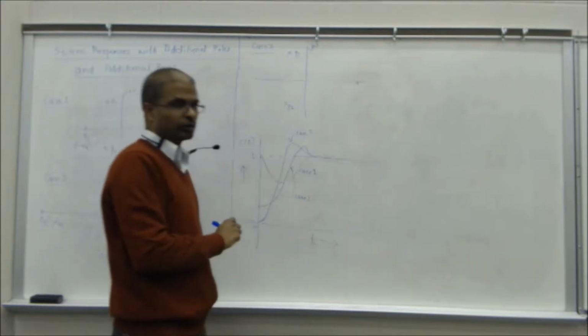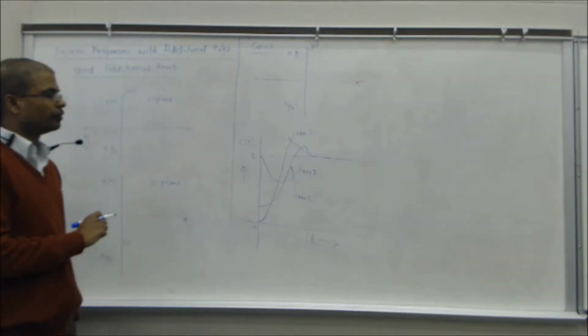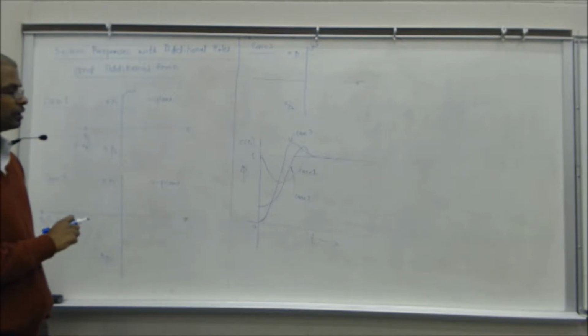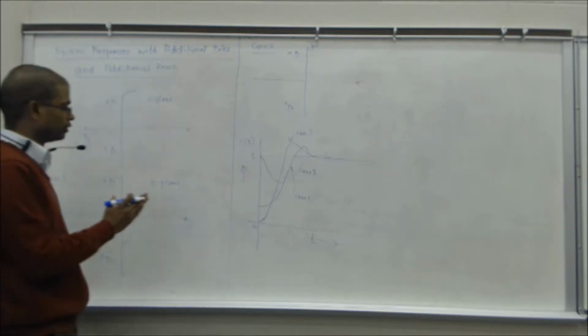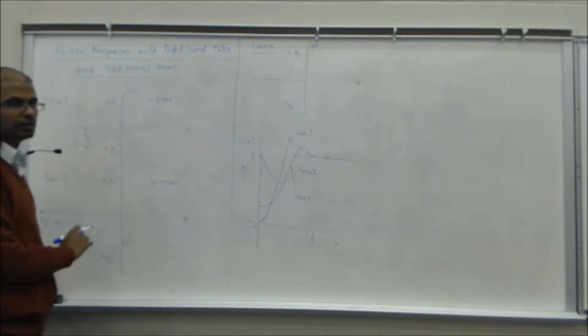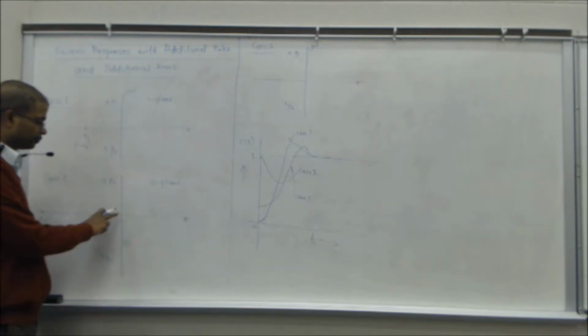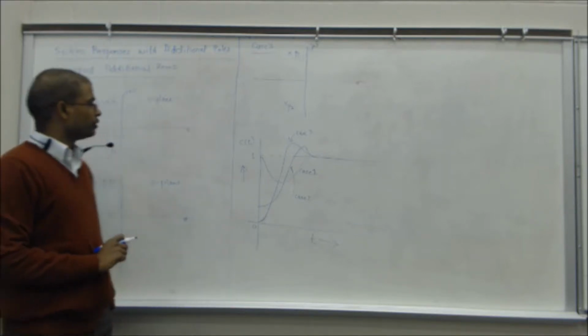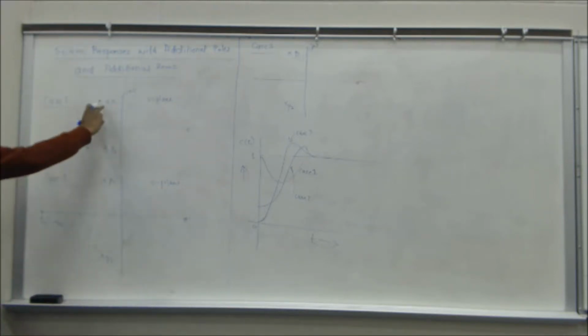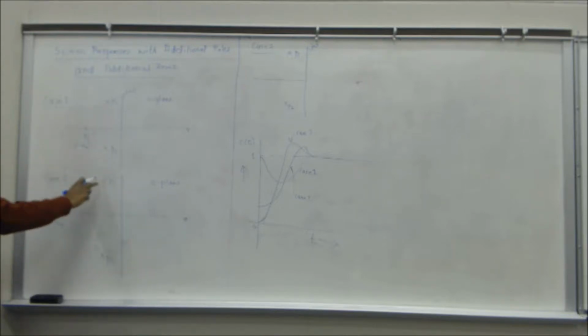Okay. So what you need to understand here is, and you have done this exercise as part of your lab, you took 3 systems and you added a pole and plotted. You kept moving the pole away from the origin. So here you need to understand these two are the dominant poles.